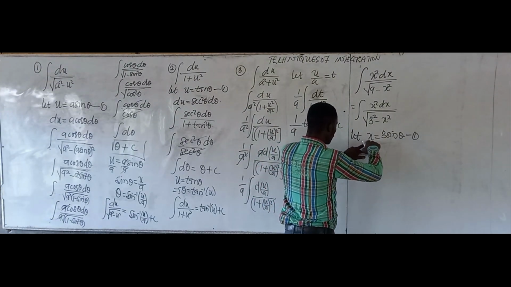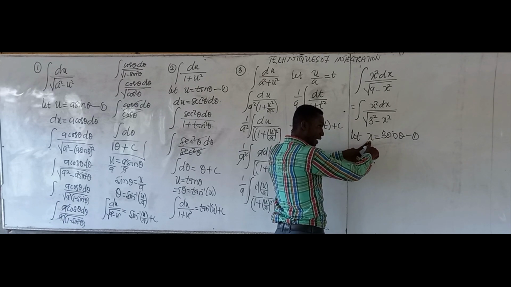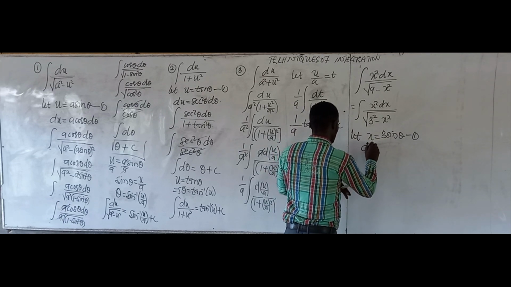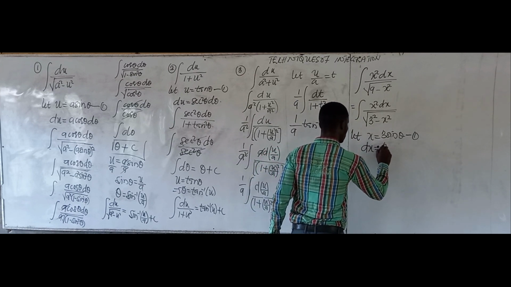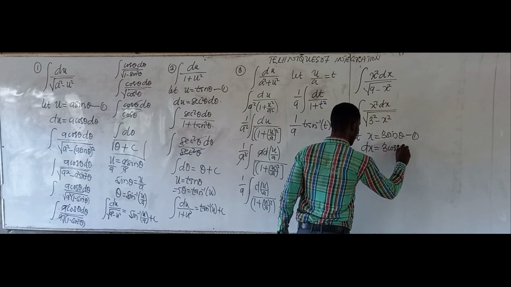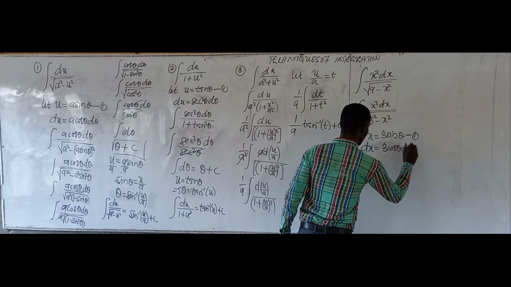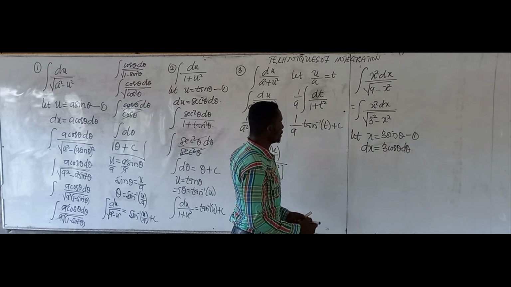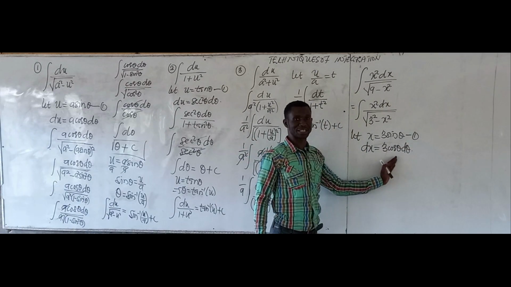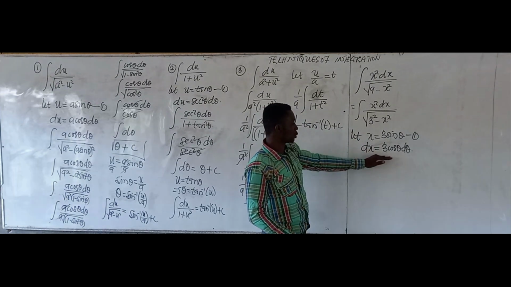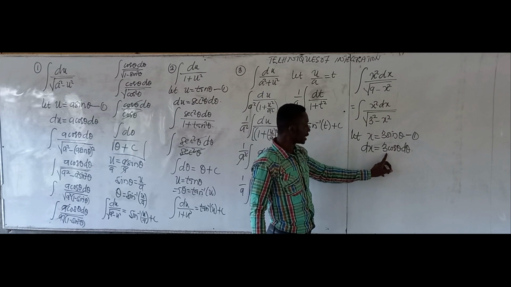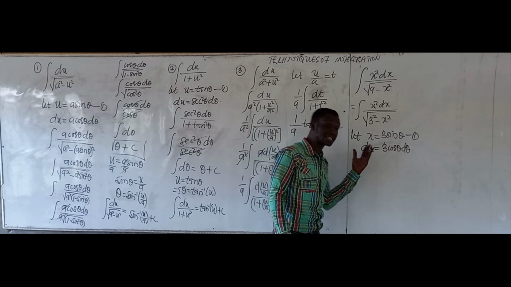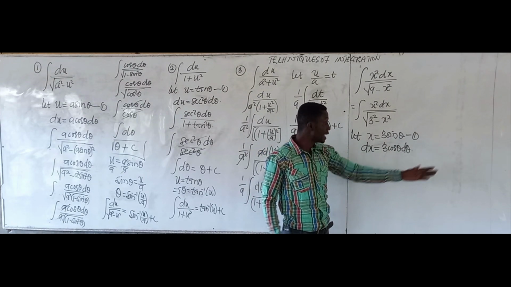Differentiating gives dx equals 3 cos theta d theta. So whenever you see dx here, we put there 3 cos theta d theta. It is clear.